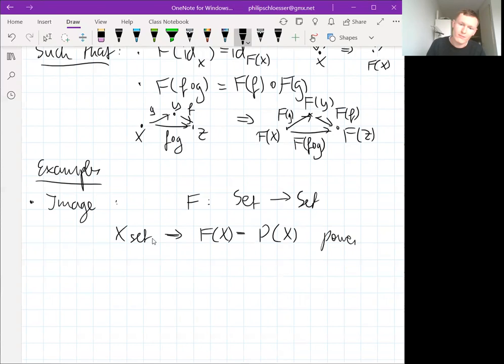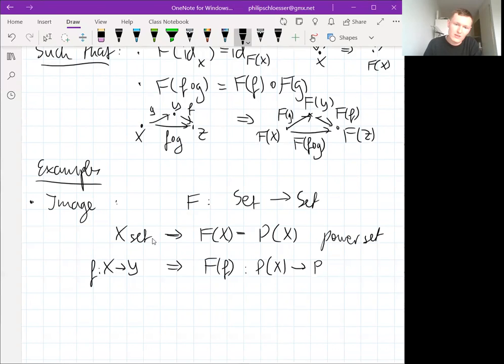And if f from x to y is a function, then we say that F(f) should be a function from the power set of x to the power set of y, meaning that it should map any subset of x to a subset of y.